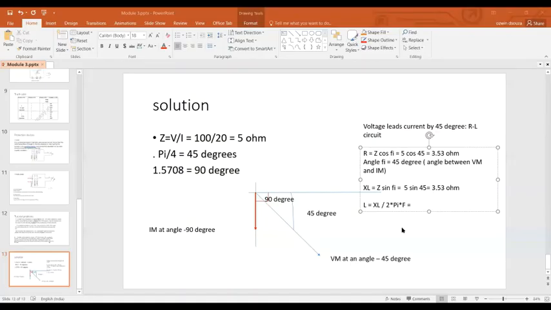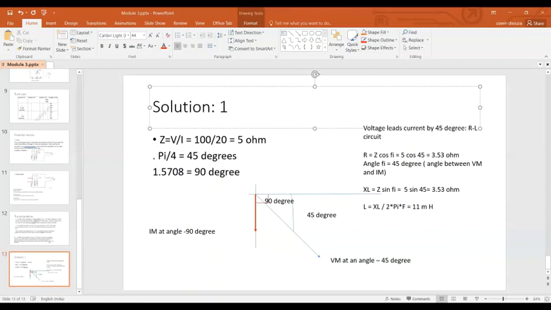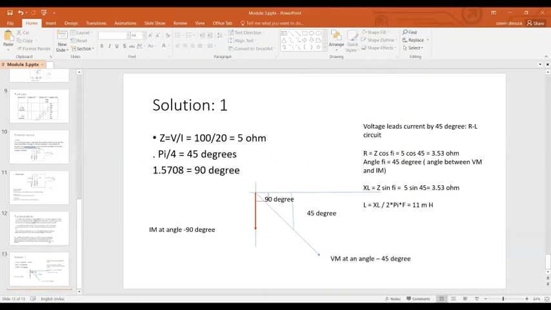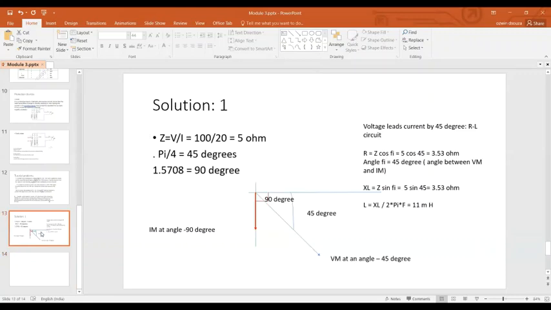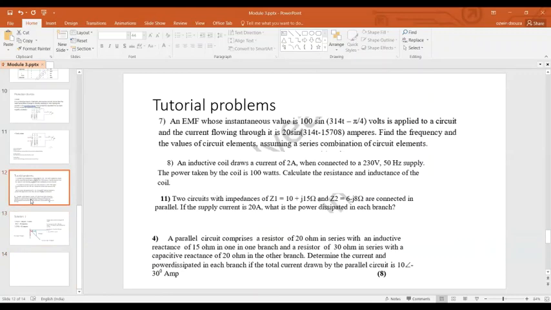All right, now you look at the second problem. 11 millihenry. Okay. Second problem.